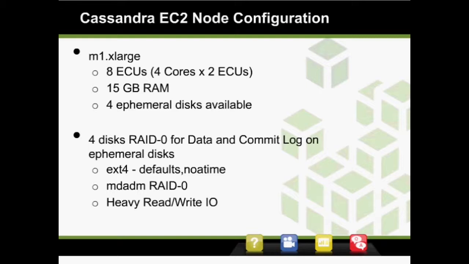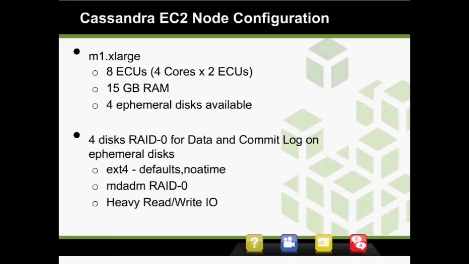ext4 with default and no wait time has given us great results as far as the file system. We use MDADM for RAID 0. And again, these disks have really heavy read-write I/O to them. So again, this is why we use RAID 0.